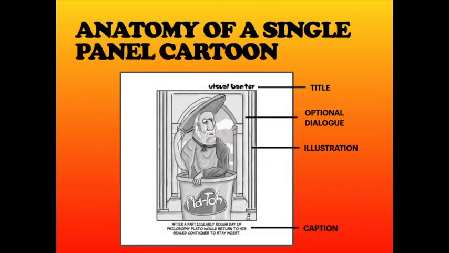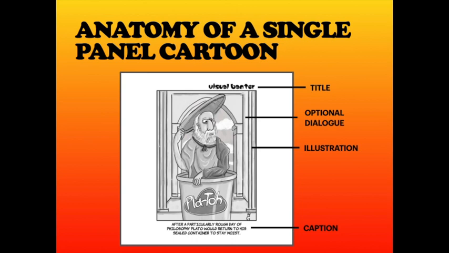And this is the anatomy of a single panel cartoon. For those of you playing at home, this is what it looks like. There's the title of the cartoon itself. That's one of the joys of creating the cartoon, is you get to decide what your title should be. There's going to be optional dialogue, usually in the upper portion of the cartoon.